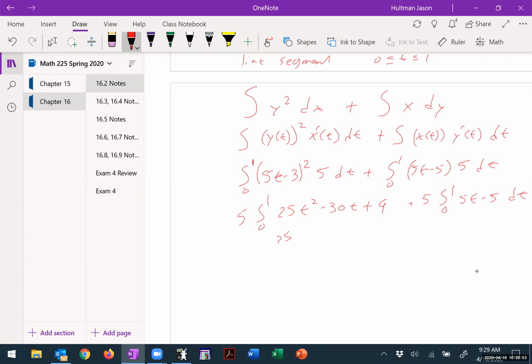This is going to be 25 thirds t cubed minus 15t squared plus 9t from 0 to 1, all multiplied by 5. Okay, plus 5 times, this is going to be 5 halves t squared minus 5t from 0 to 1.